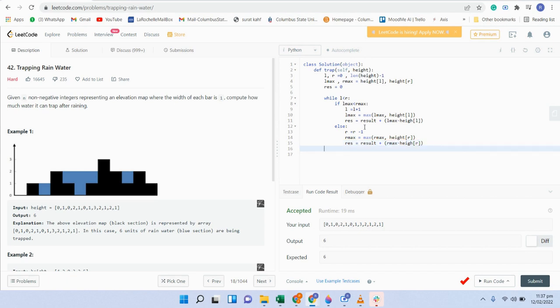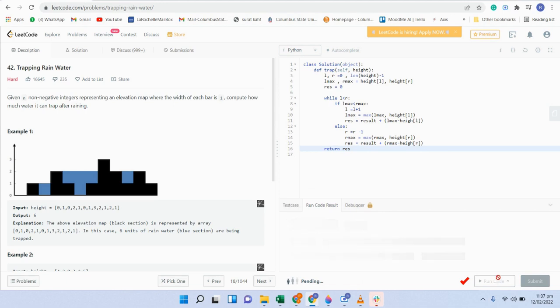And then return result. Okay, let's execute it and see if it shows some error.